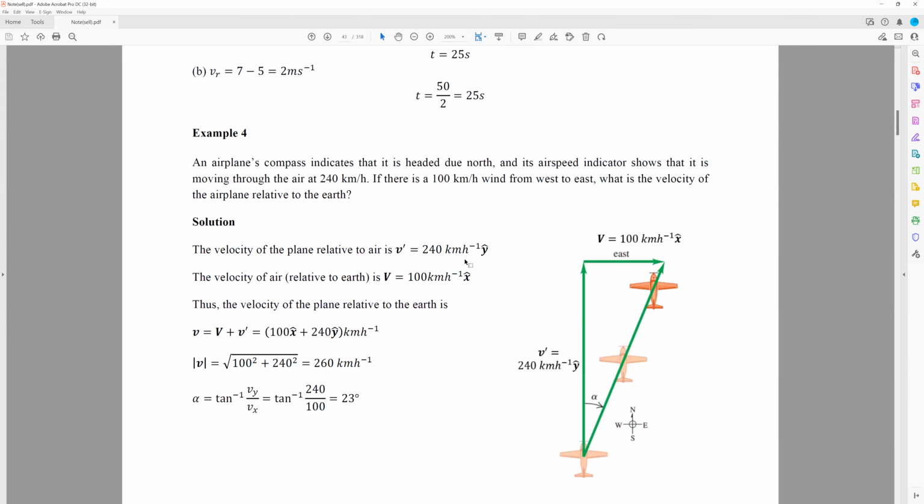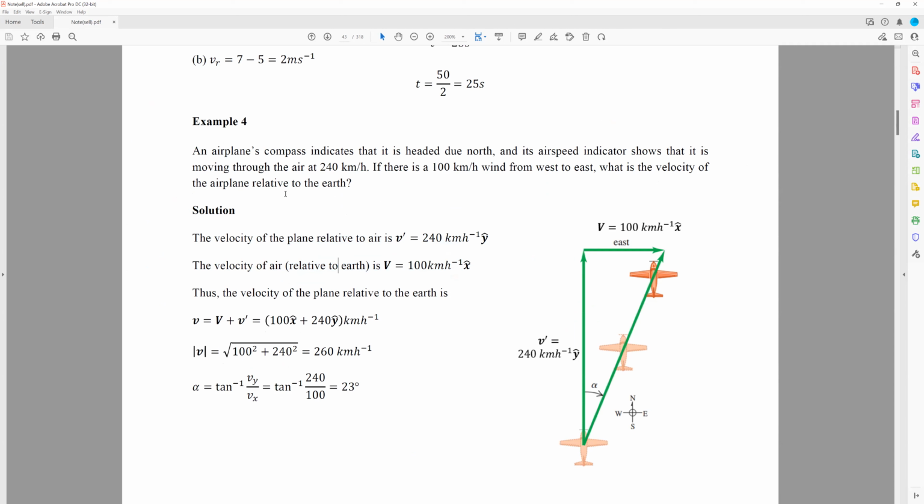Now this one is a bit more difficult. You don't need to look at the symbol here, but just take a look at the diagram. So the airplane's compass indicator is heading due north. Heading due north, what does it mean? This is the velocity of the airplane relative to the air.